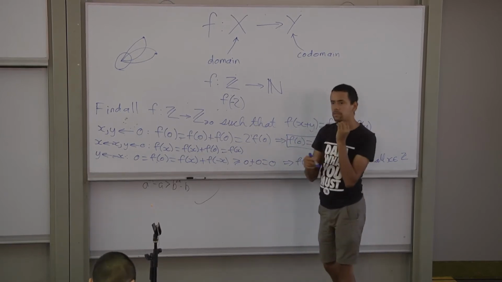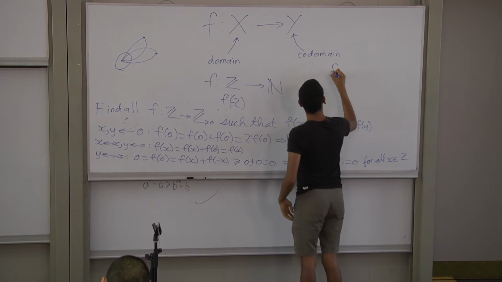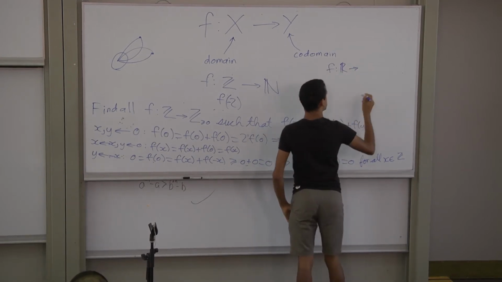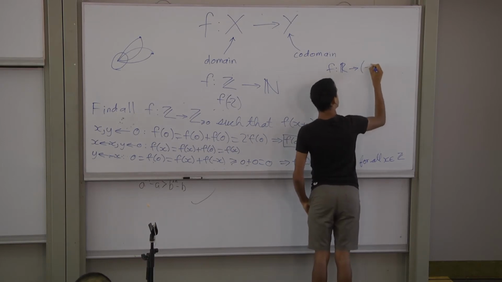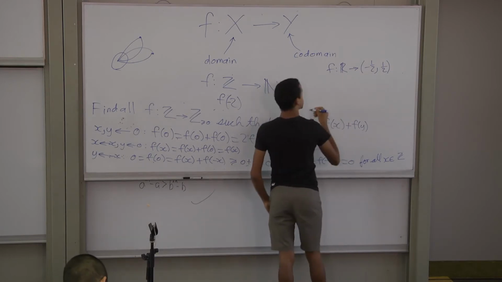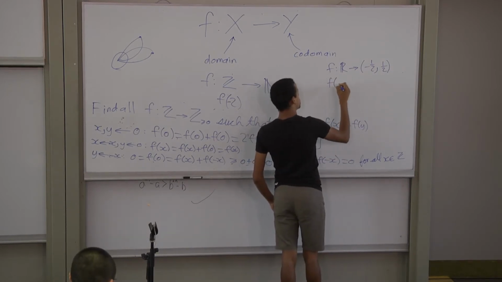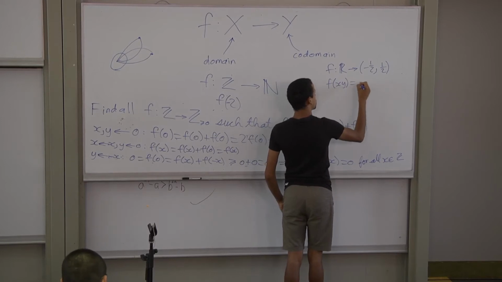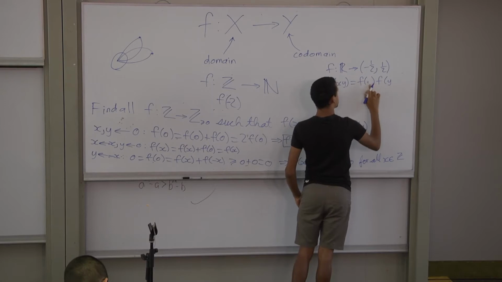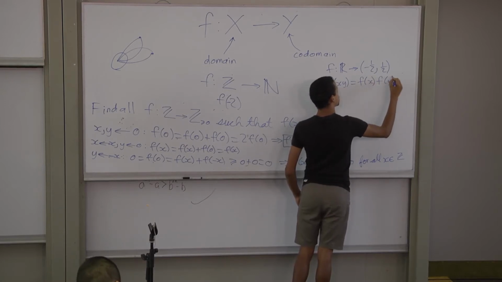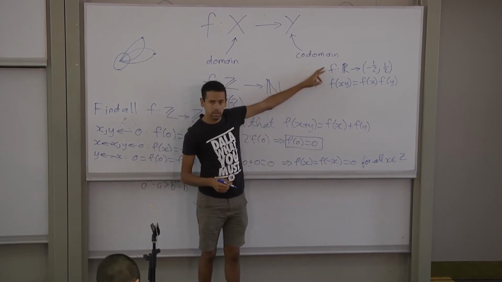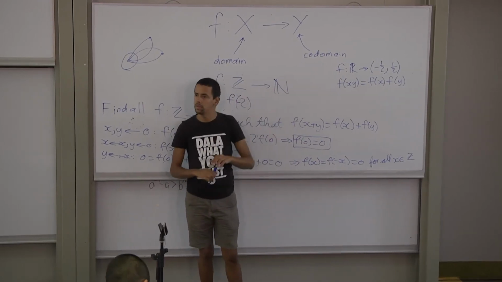So let's find all functions f from the reals to the interval from -1/2 to 1/2, such that f of xy is f of x times f of y. Okay, so that's some homework for you if you want to practice.